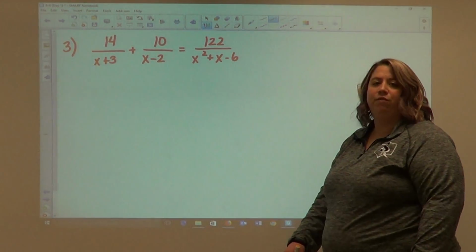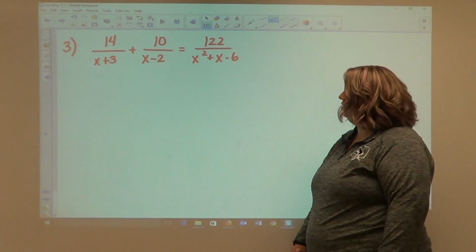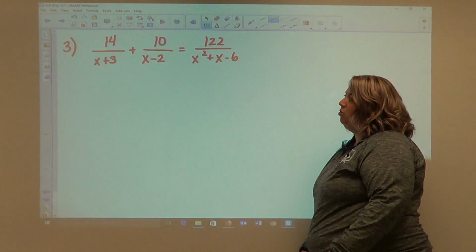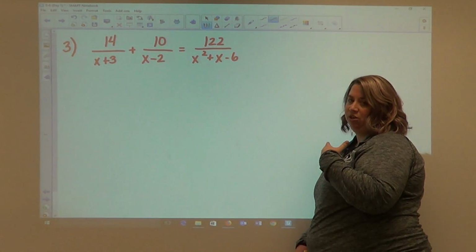You have variables on all your fractions, and none of them are the same, so you can't just get it to be one fraction equals one fraction.